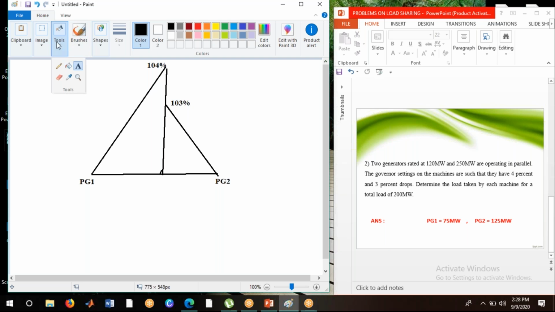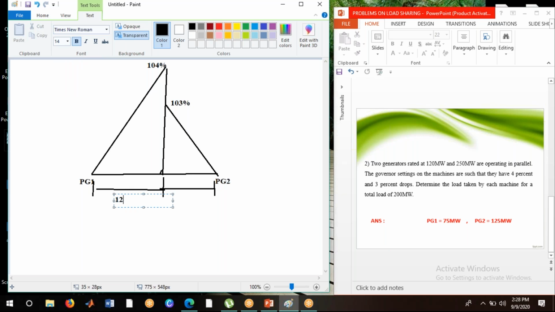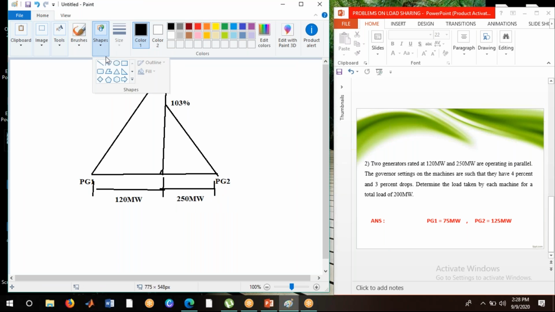So the capacities of these two are: one is 120 megawatt, another one is 250 megawatt. Now at 100%, let's consider it is the 100% line.